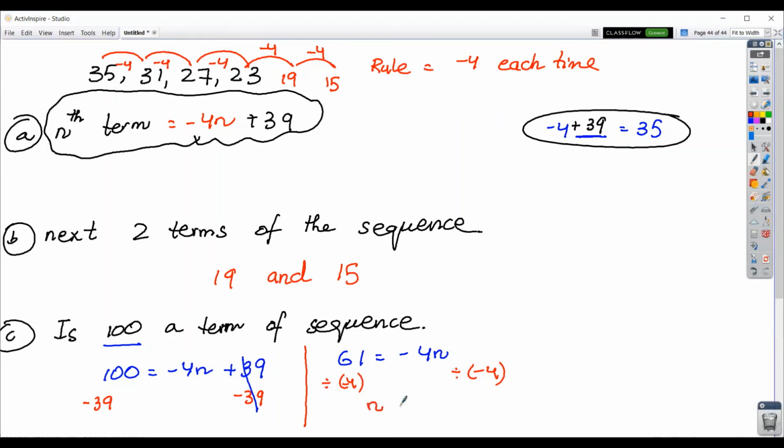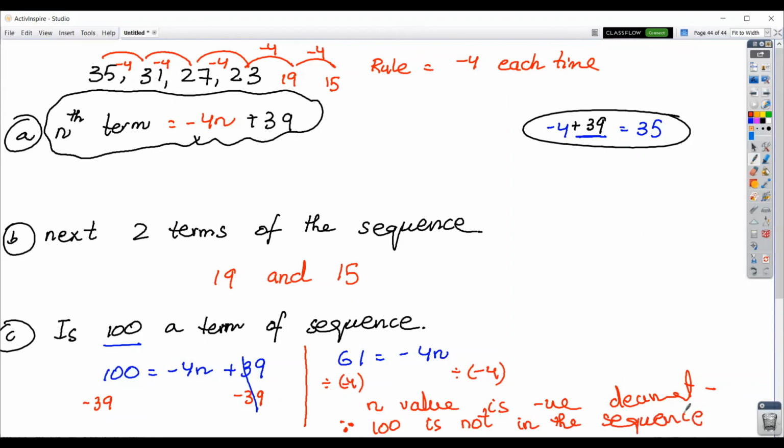Because you are getting an n value that is a negative decimal, you write down the final step that 100 is not in the sequence. You show what number you are getting. And as I said, n must be a positive integer, and what we are getting here is a decimal and a negative number. Therefore, 100 is not part of the sequence.